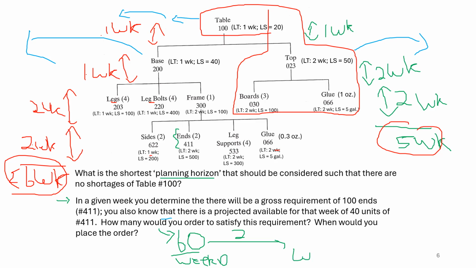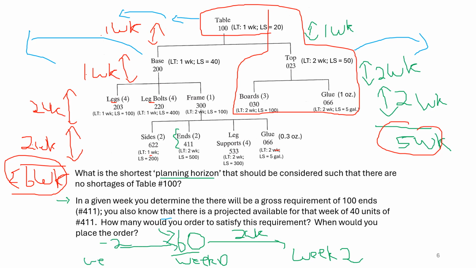In week 2, we will get the 60 ends. So if we want to actually plan for it, and let's say we should have had 100 ends by today, then we should have ordered these 60 ends 2 weeks in advance.